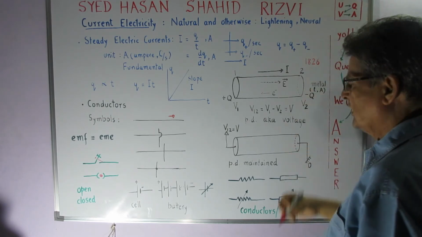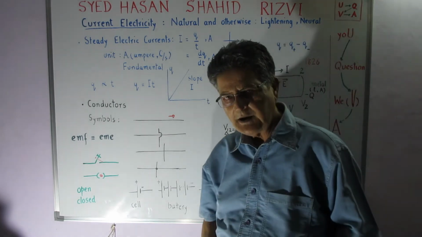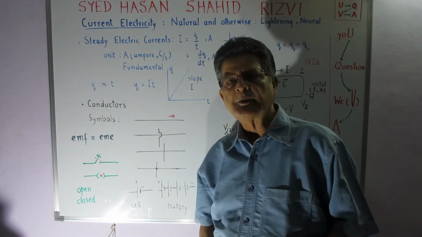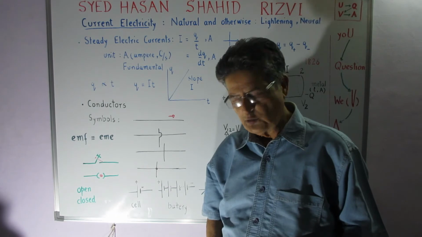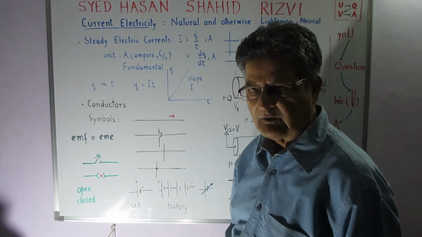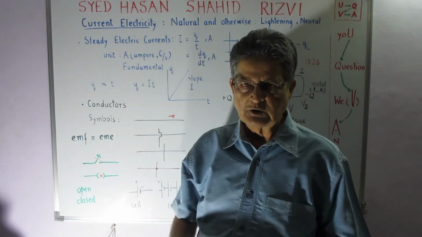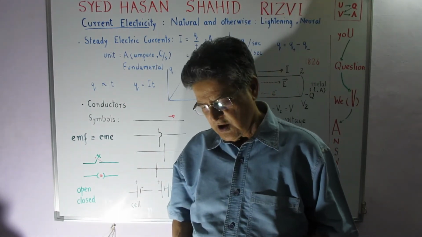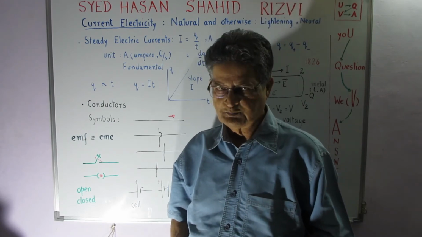In 1826 there was a study made by a German school teacher. His name was Simon Ohm. You have read about this gentleman in your class 9 and 10, when this was introduced. He found that the potential difference is proportional to the current.